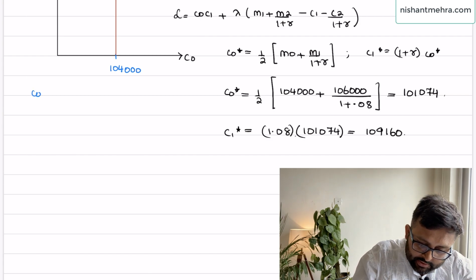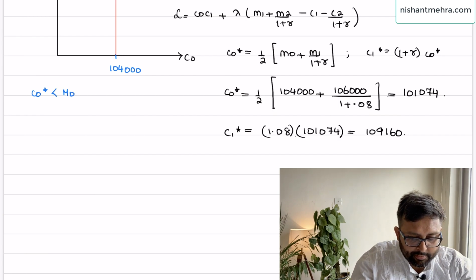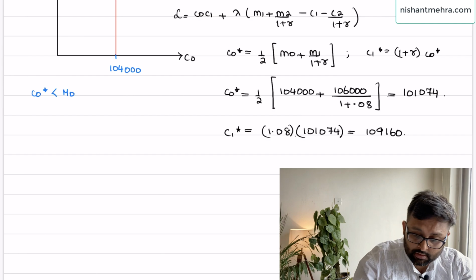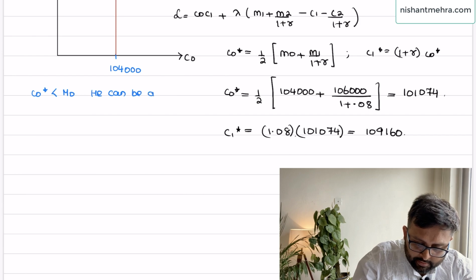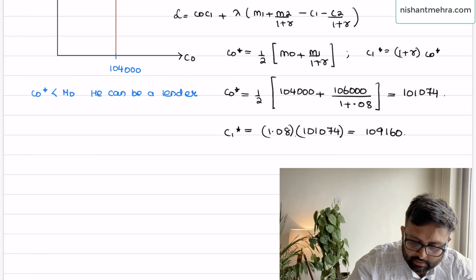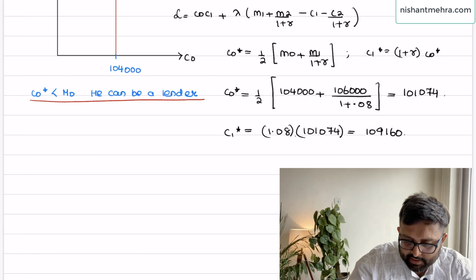If you look at C naught star, your consumption is less than M naught, then yes, you can be a lender. I mean, this Varun can be a lender. Yes, he can be a lender.